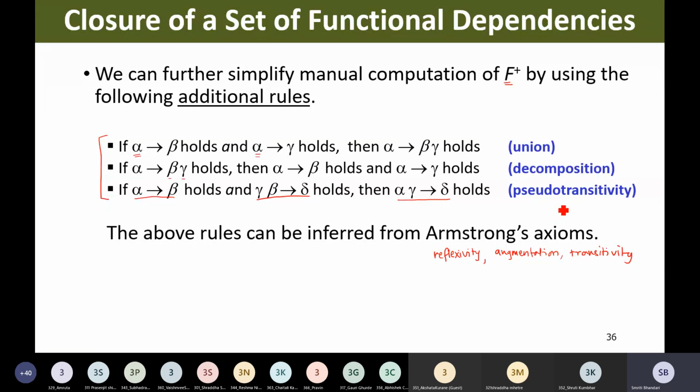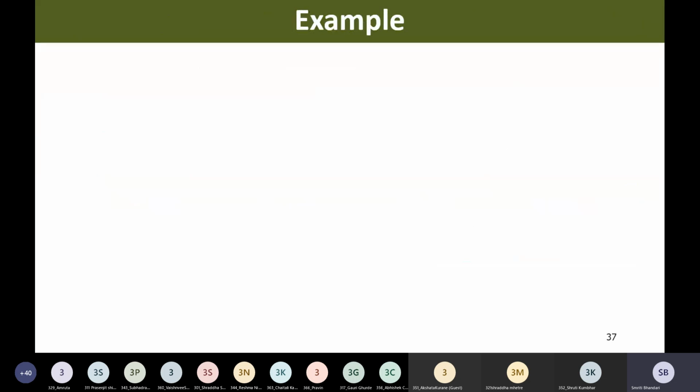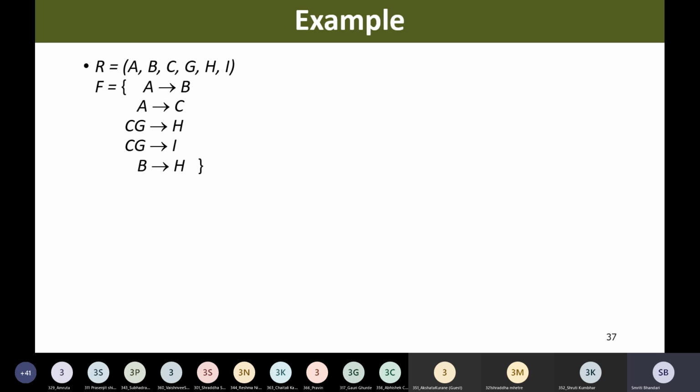Right? Now, let us proceed with one example so that you can understand how to make use of these rules. Assume that we have a relational schema R with 6 attributes. So attributes of R are A, B, C, G, H, I. And we have been provided with this set of functional dependencies F. So what are the dependencies that we have?